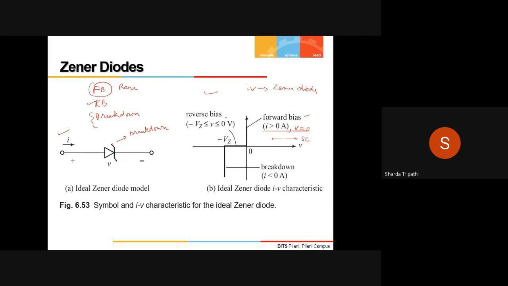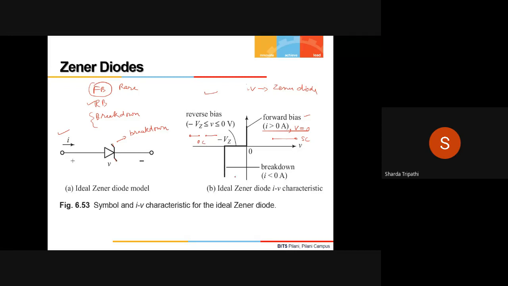Now, if the Zener diode is working in the reverse bias region, we ignore the current flowing through the Zener diode and say that there is some negative voltage drop across it. That means in the reverse bias case, I replace it with an open circuit. This is also the same as the ordinary diode.